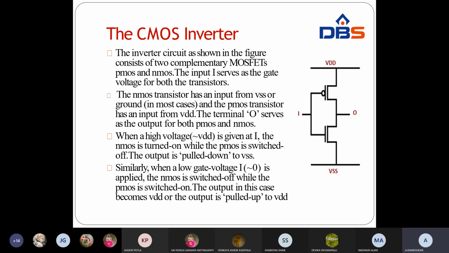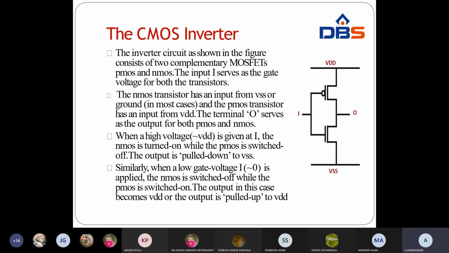In this diagram, we are observing the combination of both a PMOS transistor and an NMOS transistor. Here, the bubble symbol indicates the PMOS transistor, and the symbol without a bubble is the NMOS transistor.